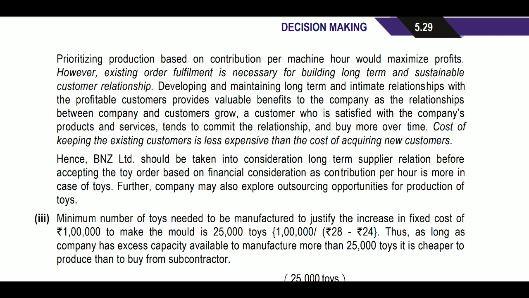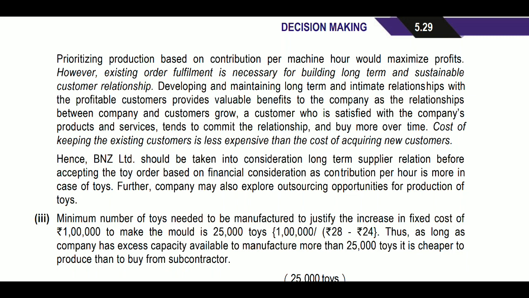Developing and maintaining long-term and intimate relationships with profitable customers provides valuable benefits to the company. As the relationship between the company and customers grows, a customer who is satisfied with the company's products and services tends to commit to the relationship.